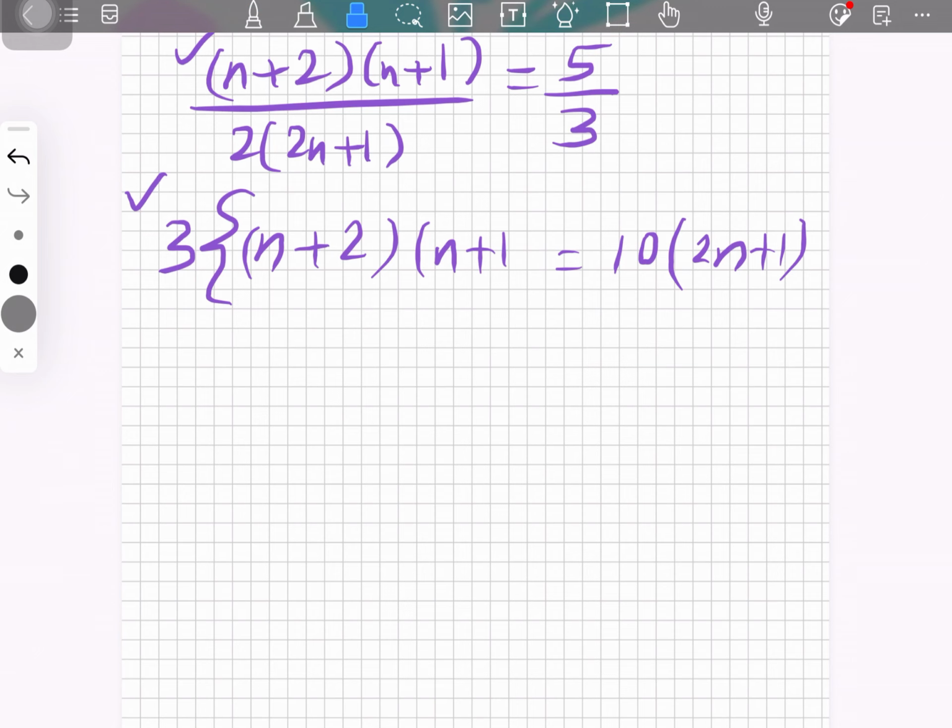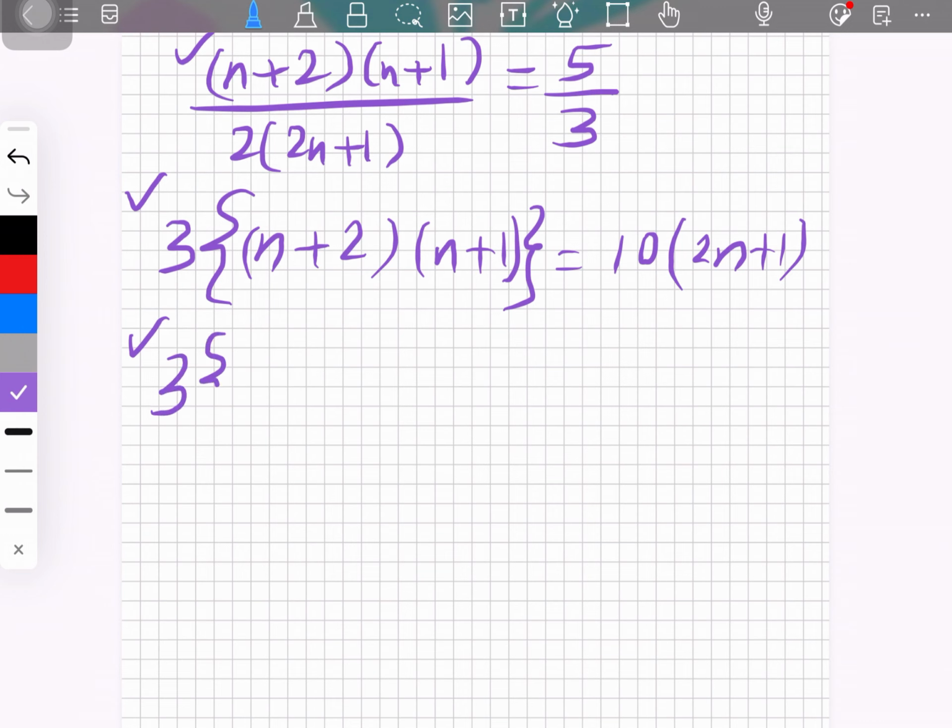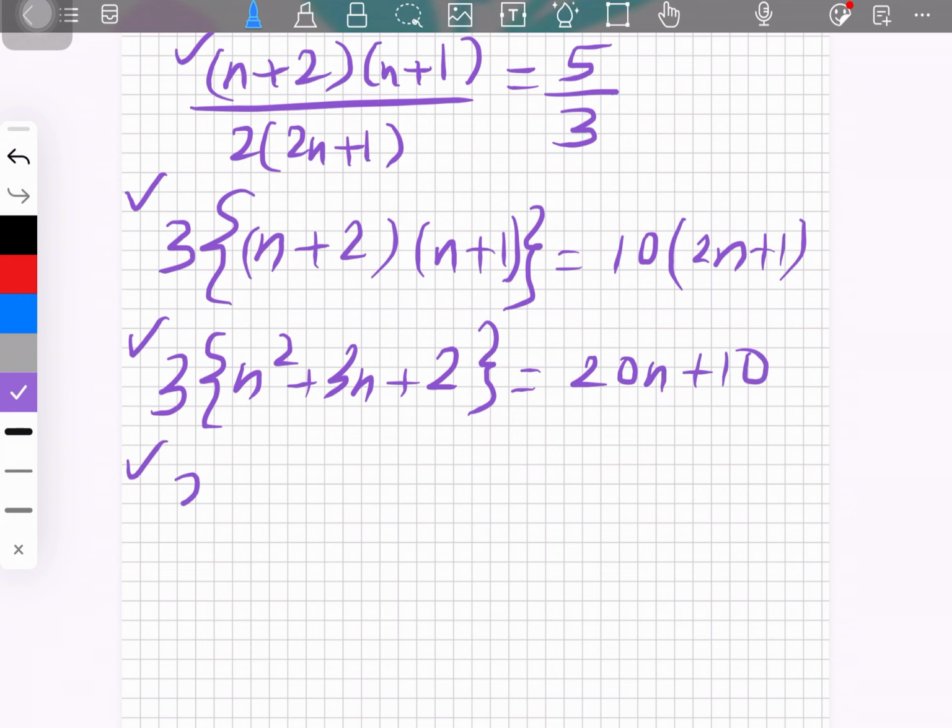So 3 times n squared plus 3n plus 2 is equal to 20n plus 10. So 3n squared plus 9n plus 6 is equal to 20n plus 10.